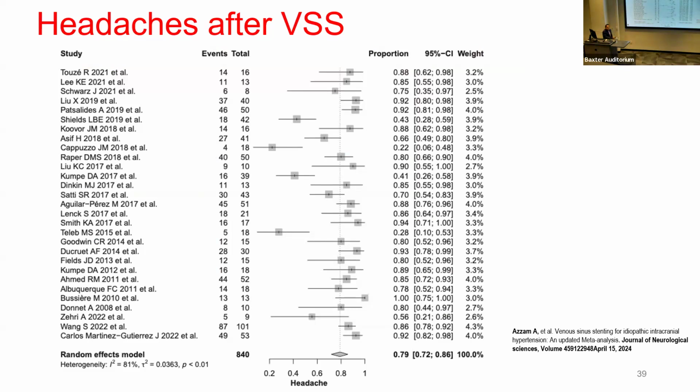Headaches could improve, but usually these patients have other comorbidities like migraine, and basically they need a neurologist to treat the headache, because most of the headaches are not related to IIH. Probably some of them, yes, but not all. So we need a multidisciplinary approach for this patient. The neurologist needs to be involved, the neuro-ophthalmologist needs to be involved, and the neurointerventionalist needs to be involved.